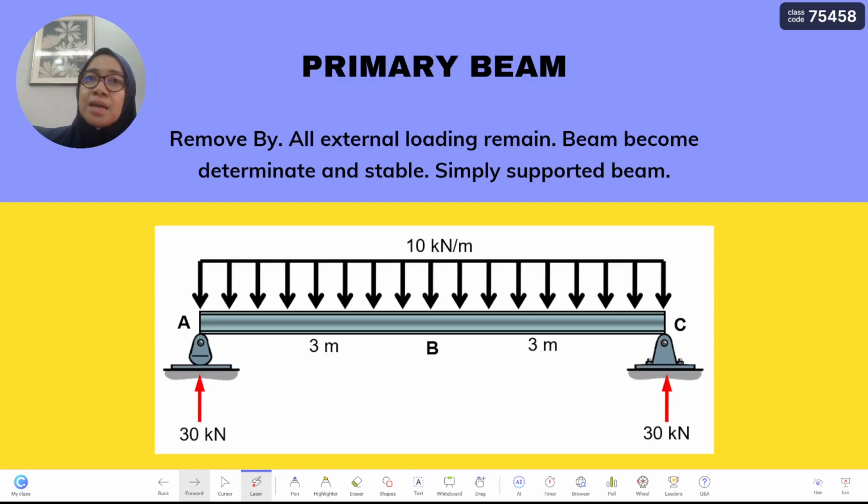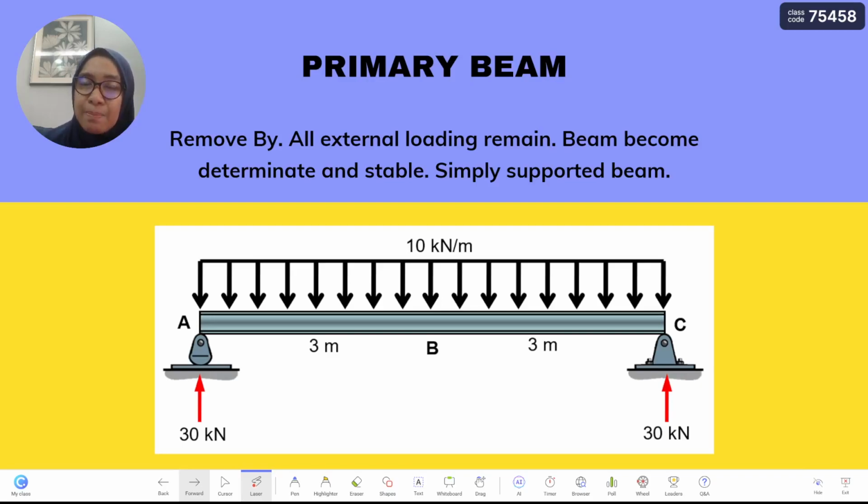Either a simply supported beam or a cantilever beam, depending on the redundant that we have chosen. In this case, we remove By, the beam is a simply supported beam, just like this. Okay, means that we remove By from the system. So this is the primary beam.